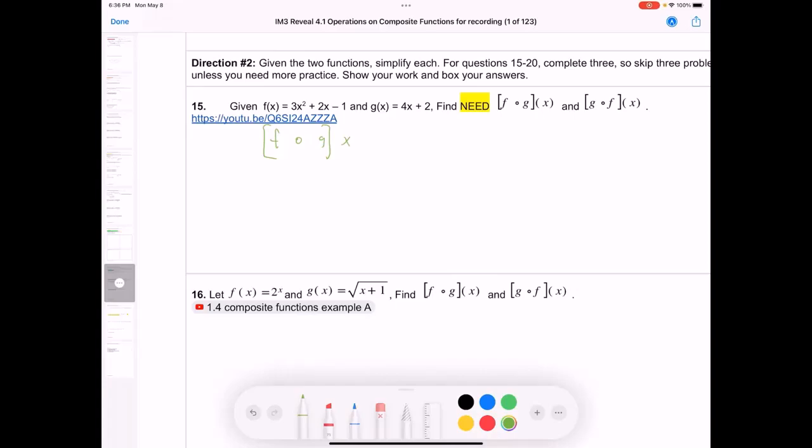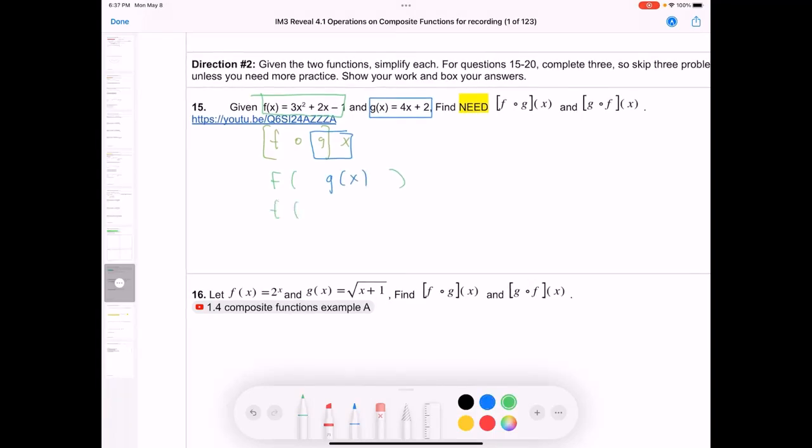Question number 15. Let's find f∘g. Question. Which one is on the inside? F or G? The G, we'll call this one blue here, is on the inside. Call this one green. So really what we're doing is f of g of x.